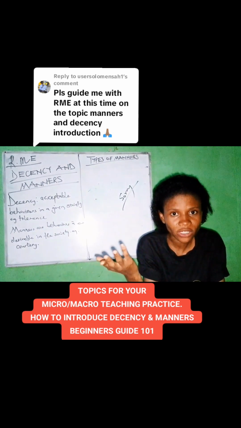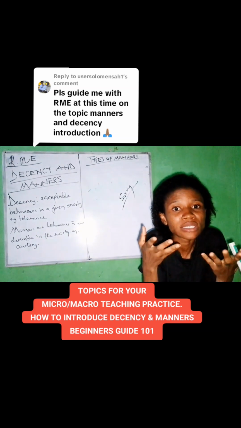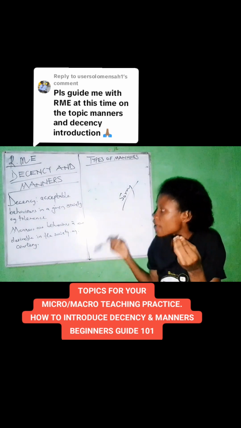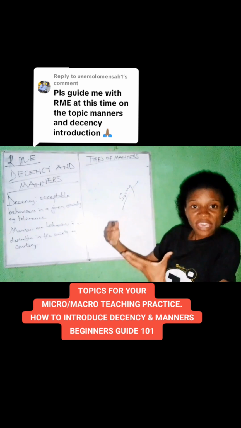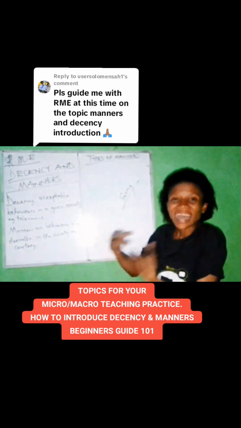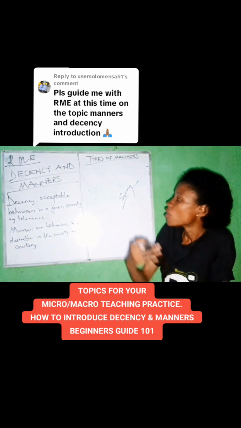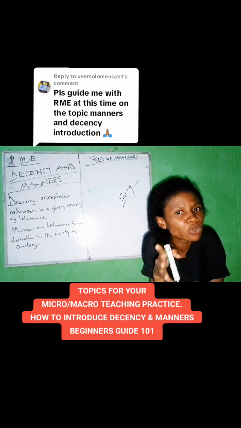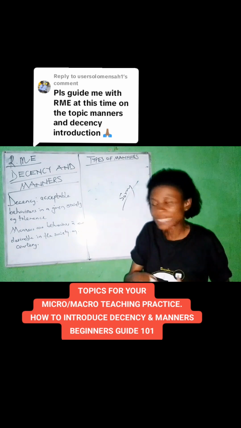The person will belch like that. All these things are undesirable activities. So when we say manners are behaviors that are desirable, and then decency, the acceptable behaviors in a given society, they should take note, there's a difference between decency and manners.